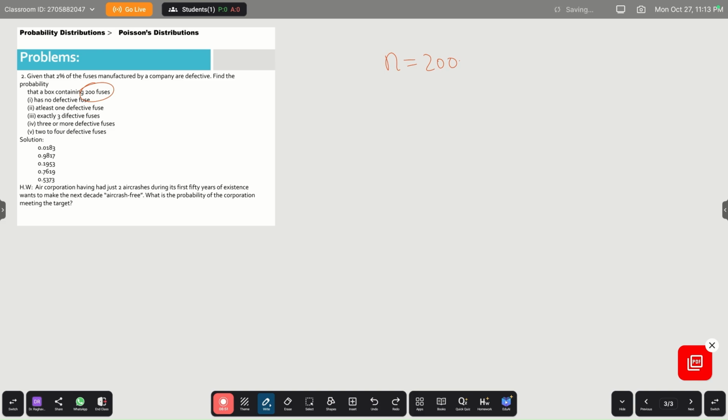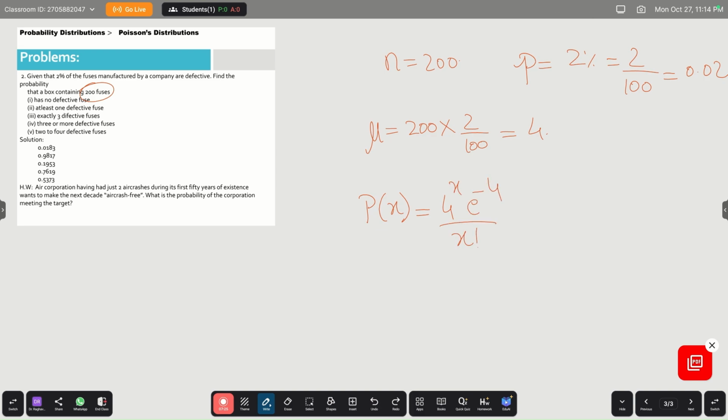That means if you choose one fuse, the probability that it's defective is 2%. 2% means it is 2 divided by 100, which is 0.02. And n and p you can use to compute the mean value. So 200 into 2 by 100, which is 4. So mean is 4. So your P of x will be 4 power x e power minus 4 divided by x factorial.